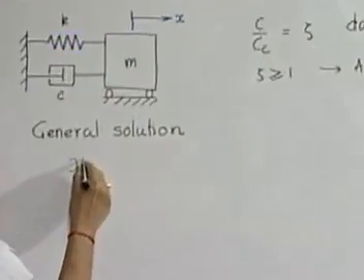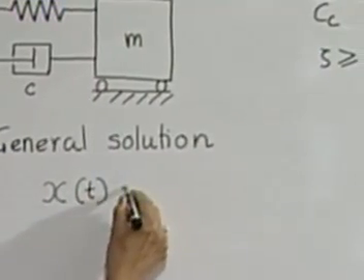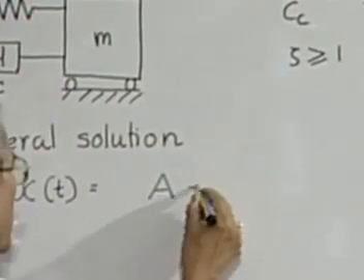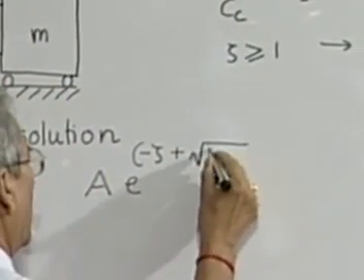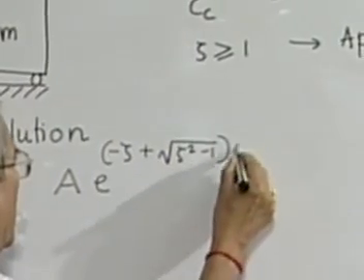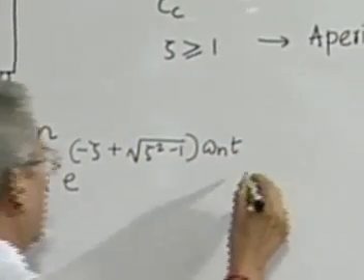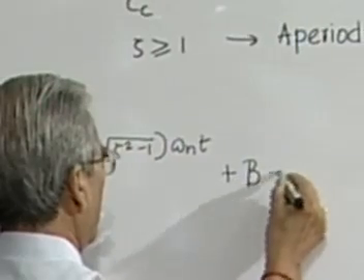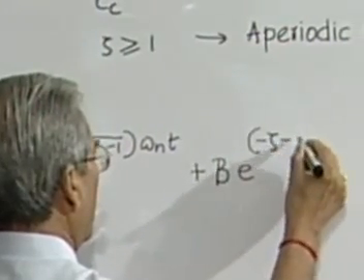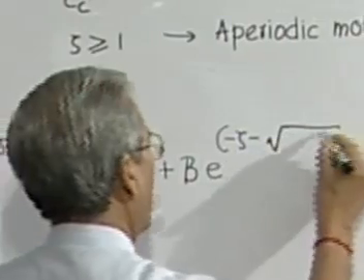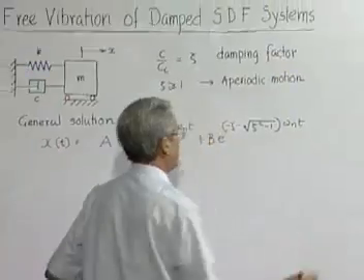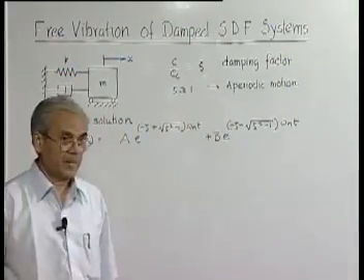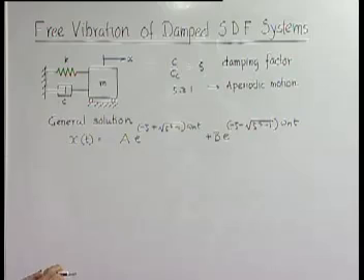for x can be written like this, where A and B are to be determined from the initial conditions.